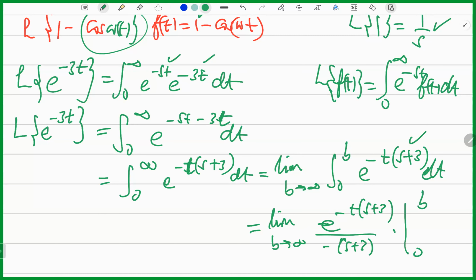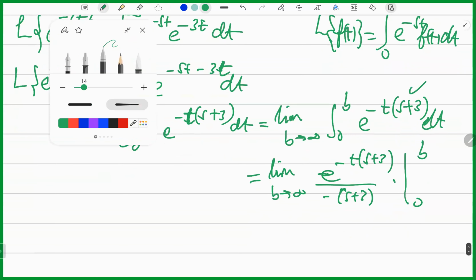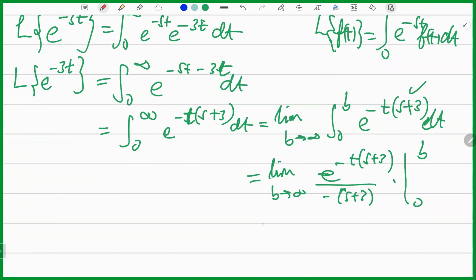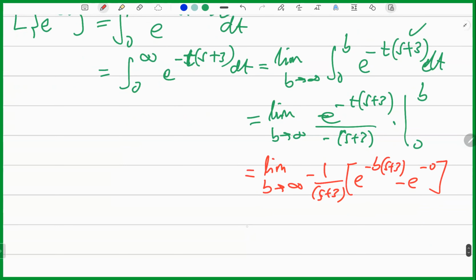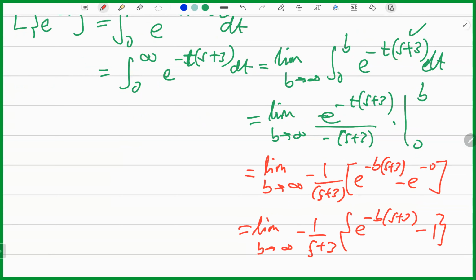So you integrate that from 0 to b, and you get the limit as b approaches infinity of minus 1 over s plus 3 times e to the minus b(s plus 3) minus e to the minus 0, that is, e to the minus b(s plus 3) minus 1.